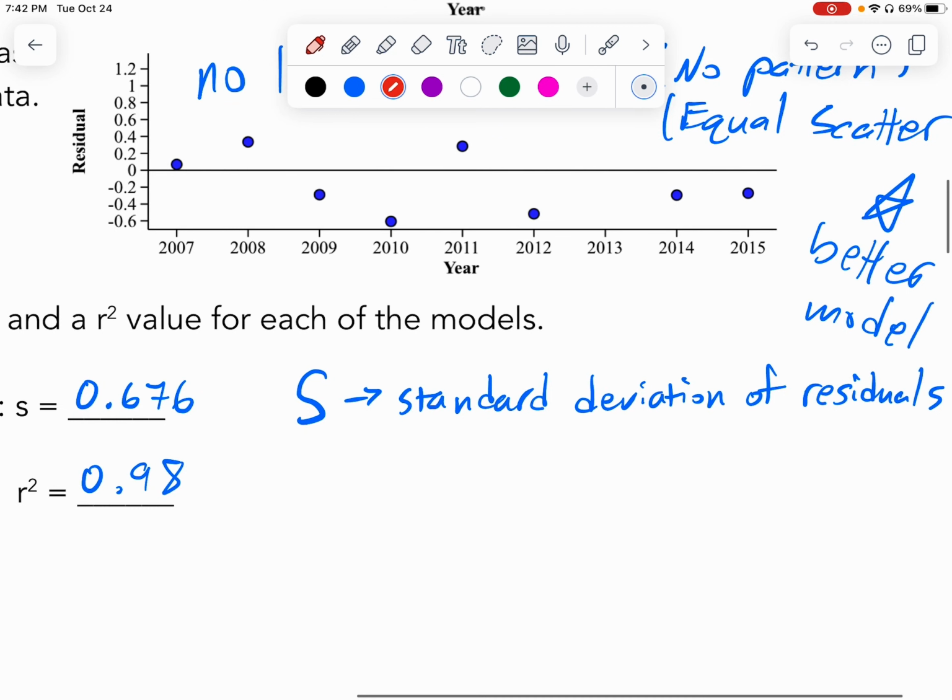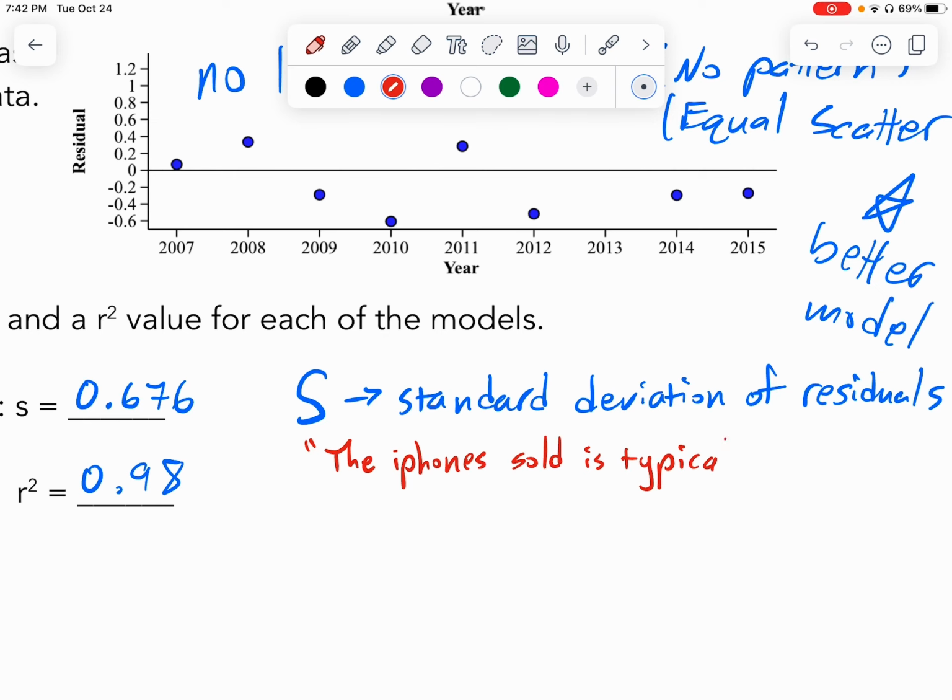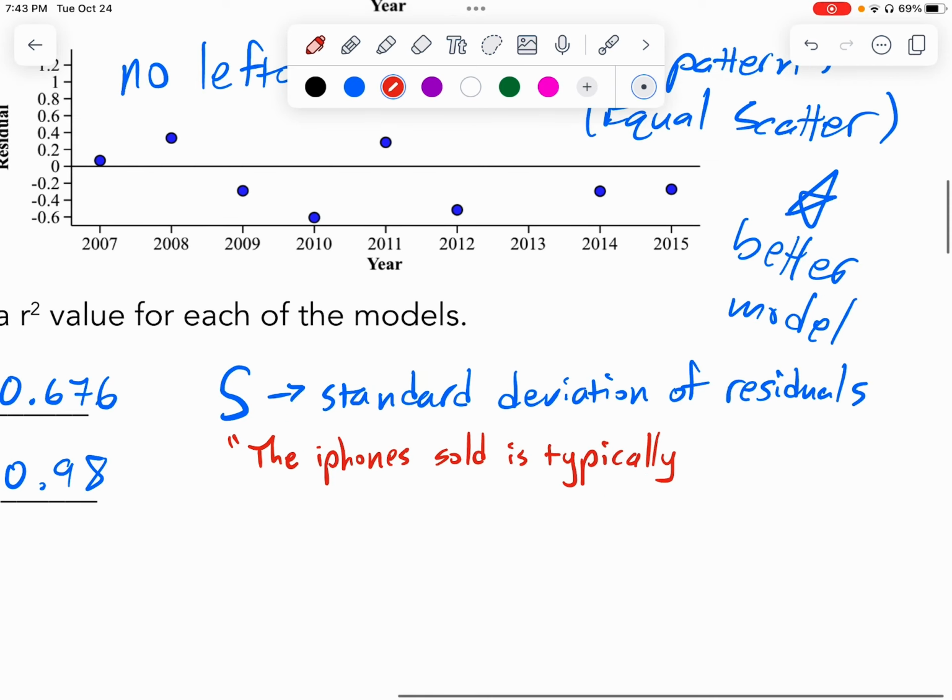Here's a way to say it that might make more sense. The iPhones sold is typically about S, whatever S is.